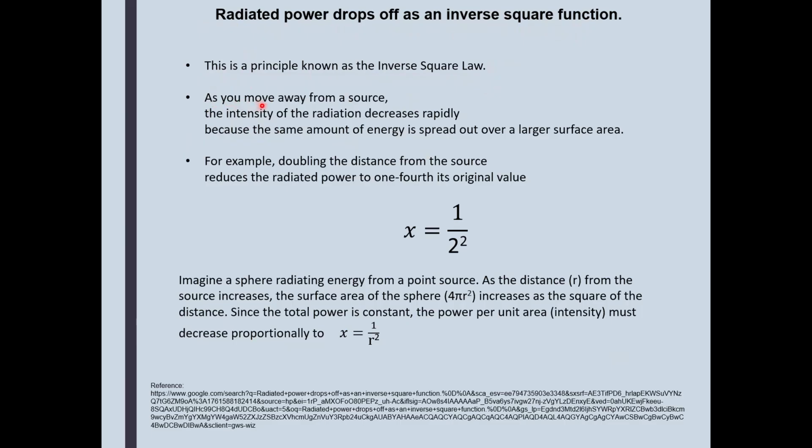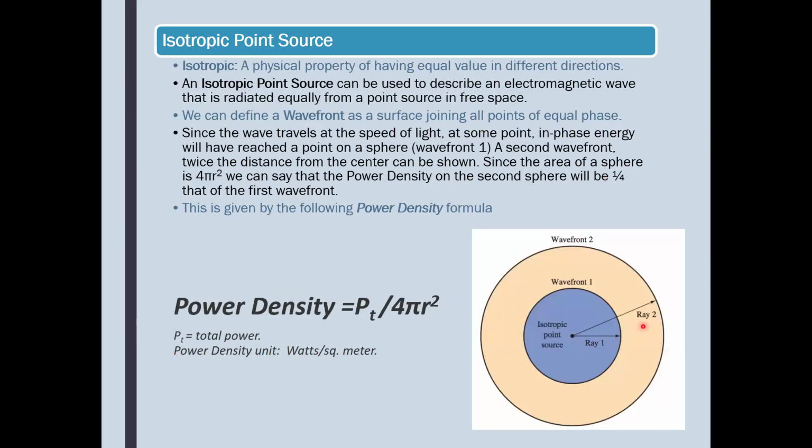As you move away from the source, the intensity of the radiation decreases rapidly, because the same amount of energy is spread out over a larger surface area. Remember the wave fronts right here.